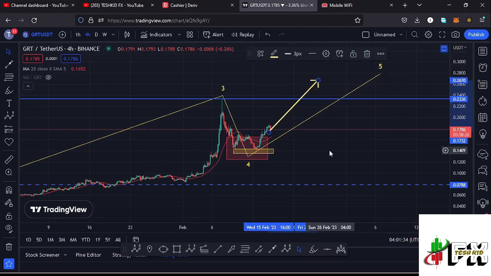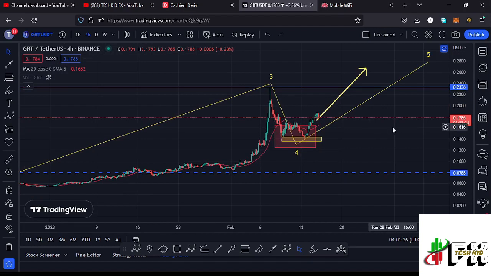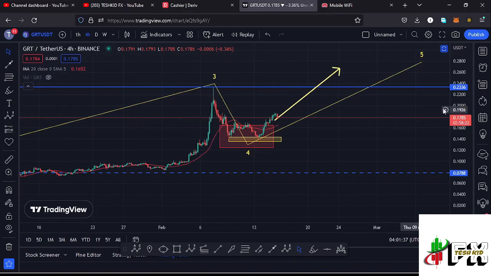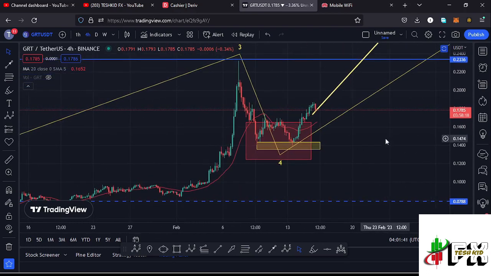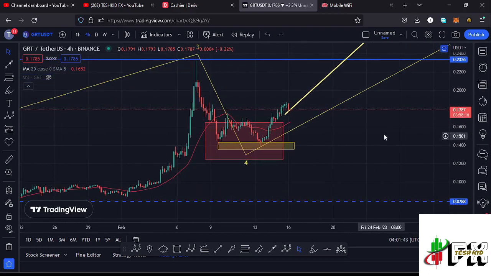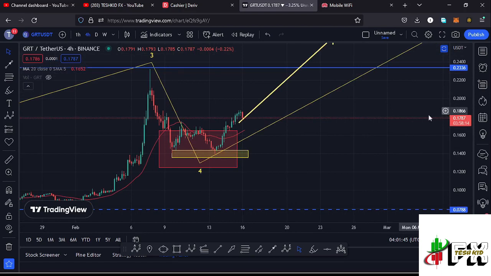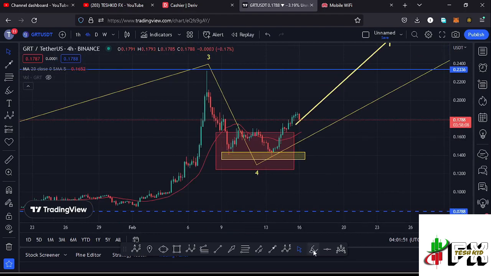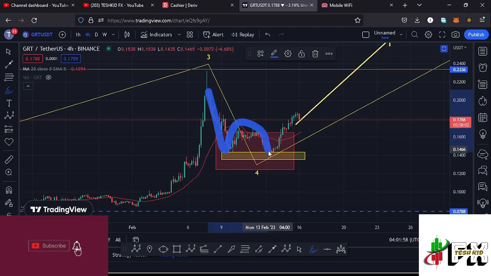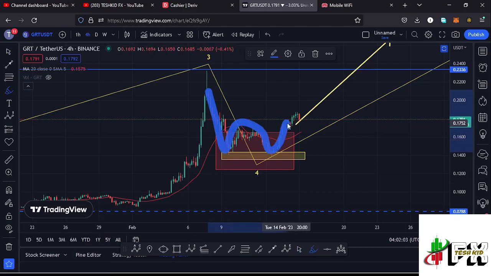And before I sketch out my minimum target area to the upside in the formation of that wave 5, allow me to first show you a chart pattern that is in formation right here that could possibly give us a breakout to the upper side and fully support the formation of that wave 5. And I can first connect these bottoms that we made down here, because the chart pattern is a double bottom, and then I can draw it out, having that as the first bottom. Then you have seen the formation of the neckline, then the second bottom, then I'm expecting the breakout to the upper side.